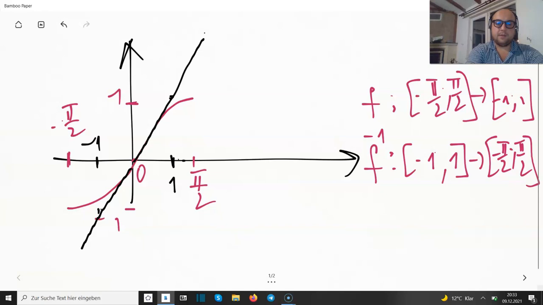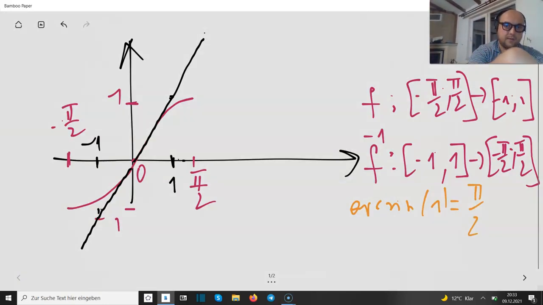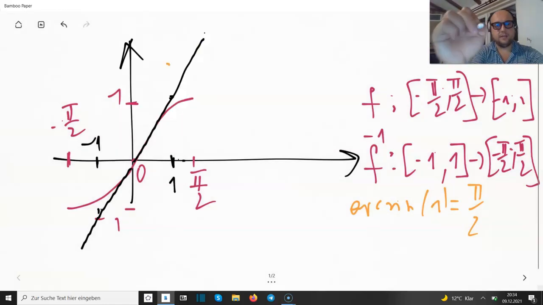And what will happen if we are looking at the inverse values? Well, for example, you see arcsine of 1 is obviously pi divided by 2. Pi divided by 2 is more than 1, so we are somewhere here. All right, so maybe not too far away, like this. And at minus 1, we're somewhere here. So this is how it works.